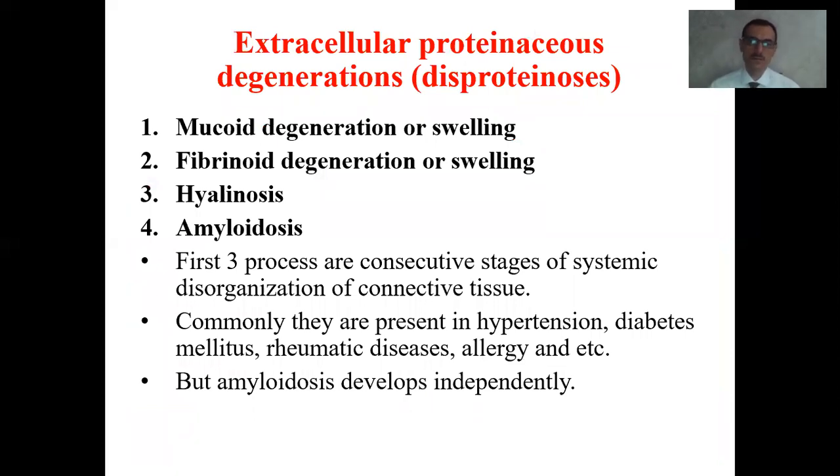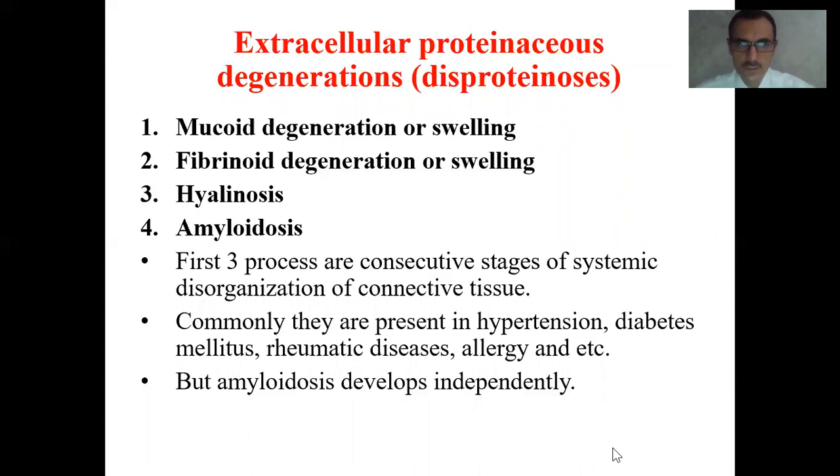Now let's discuss firstly the extracellular proteinaceous degenerations or dysproteinosis. There are four stages of the extracellular proteinaceous degenerations. First, mucoid degeneration or mucoid swelling. Second is fibrinoid degeneration or fibrinoid swelling.